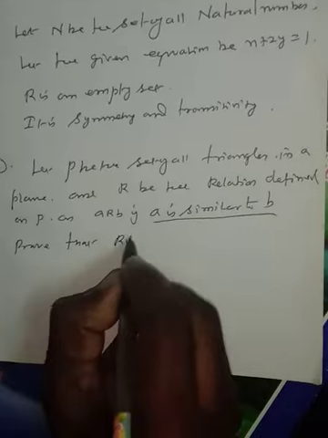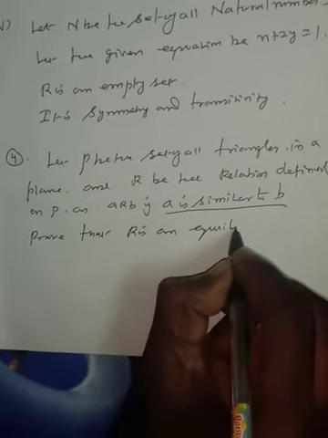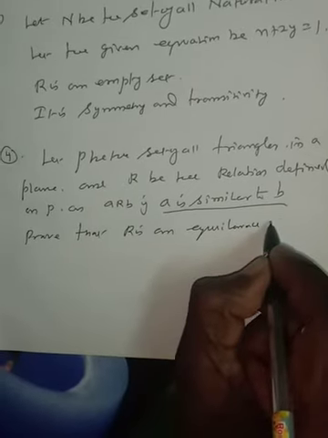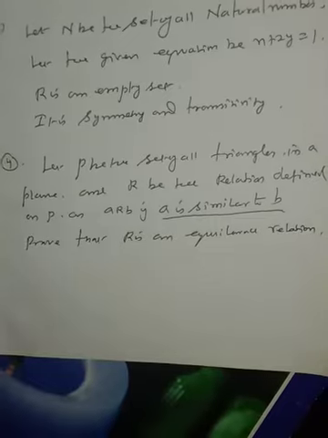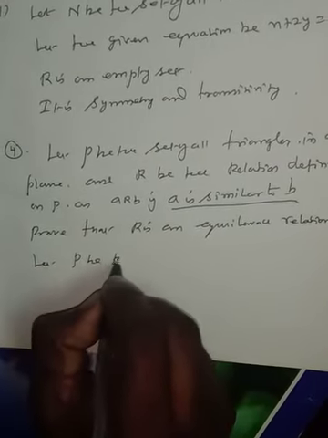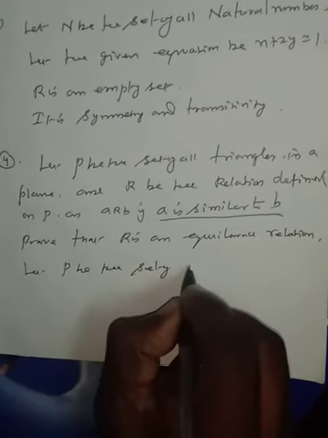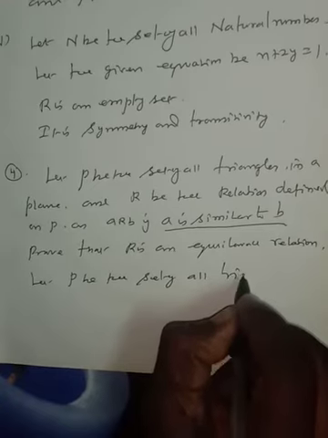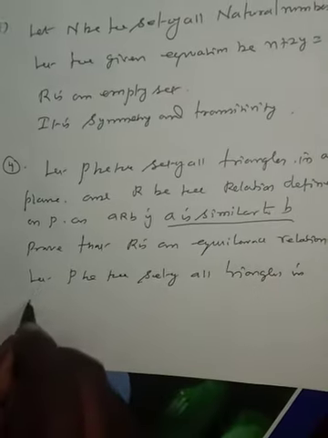R is an equivalence relation. Let P be the set of all triangles in a plane.